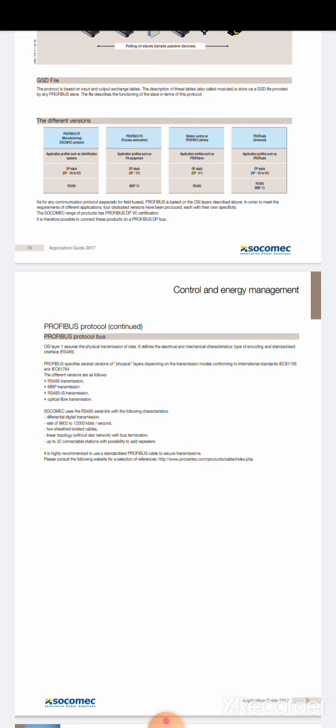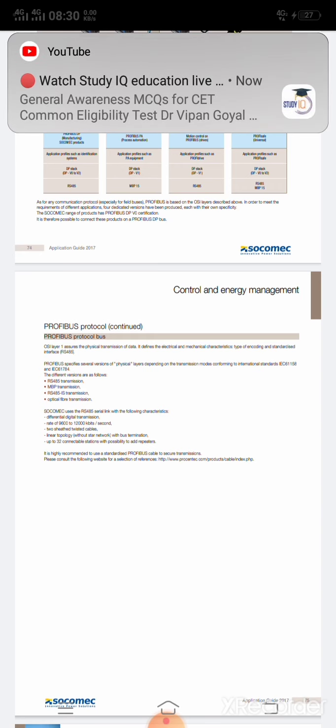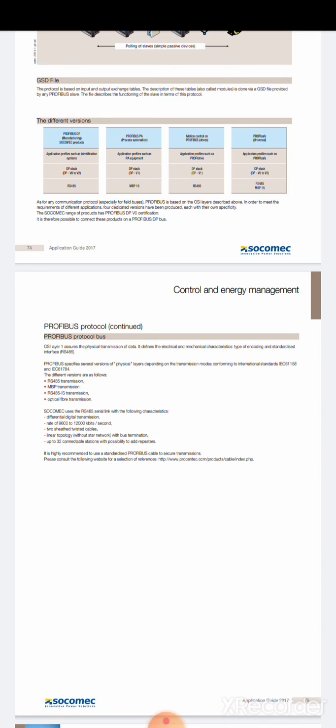The different versions: Profibus DP, manufacturing, Socomec products. Application profiles such as identification systems, DP stack, DP V0 or V2, RS485. Profibus PA, process automation, with application profiles such as PA equipment, DP stack, DPV1, MBP.